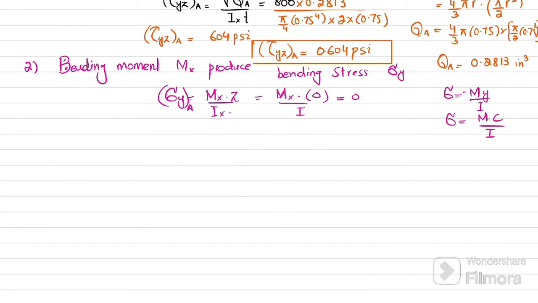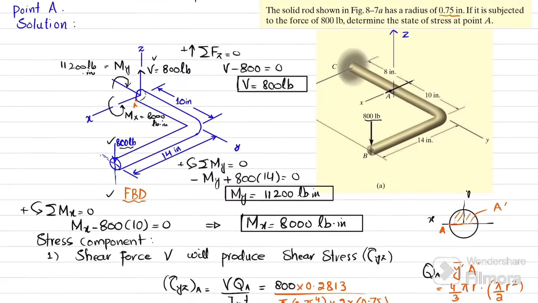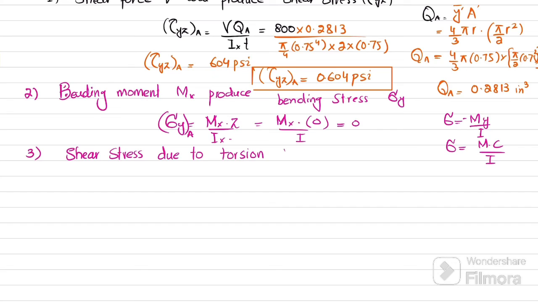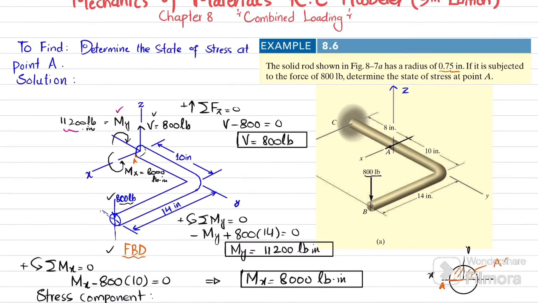Now what we will do is third, find the shear stress due to torsion, which will be due to this My. We know that this shear stress at point A, again in the y plane in the direction of z, will be equal to T into C divided by J, where this moment is the torque. So torque T or moment My is 11,200 pounds into inch.